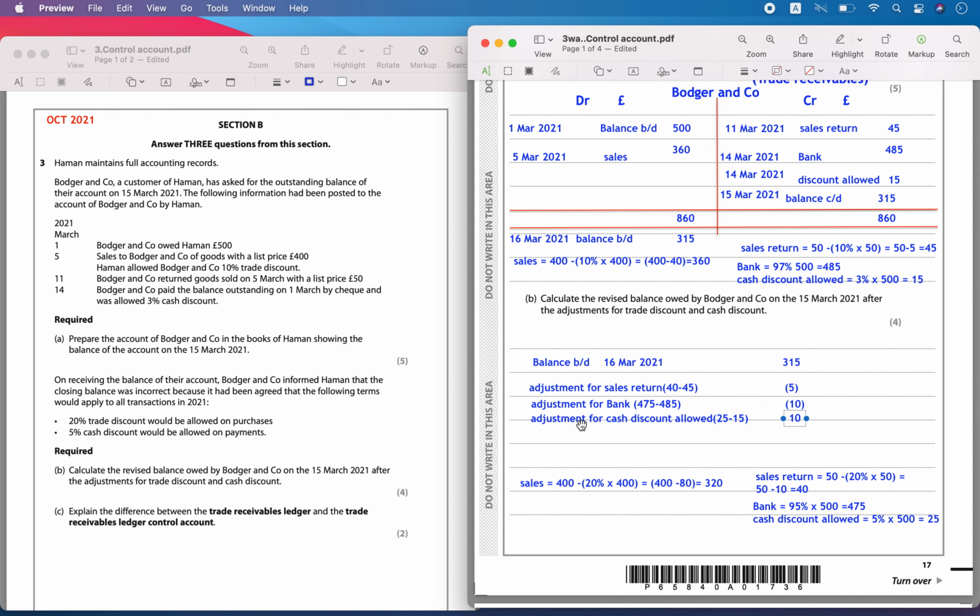Then for the trade receivables, the adjustment for the sales. Now the discount value has changed to 80, earlier the discount was 40. Since it's the opposite side, I will have to reduce this, minus 40.